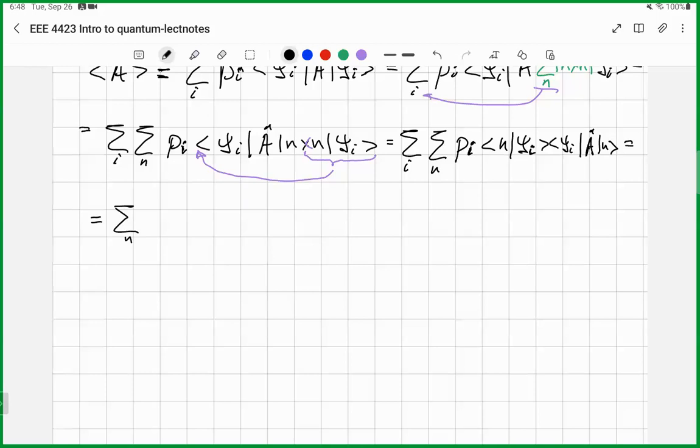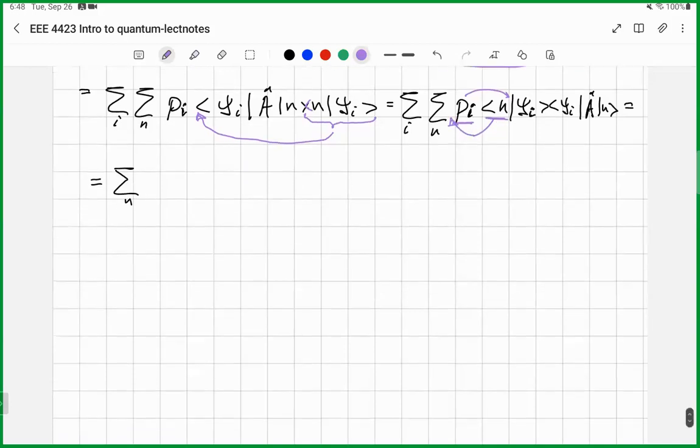Also, since this p_i is a constant, it's a probability, I can move it here, and this vector, move it here.